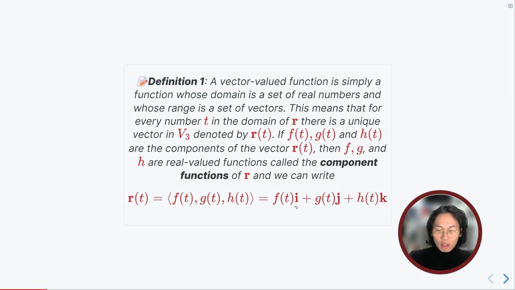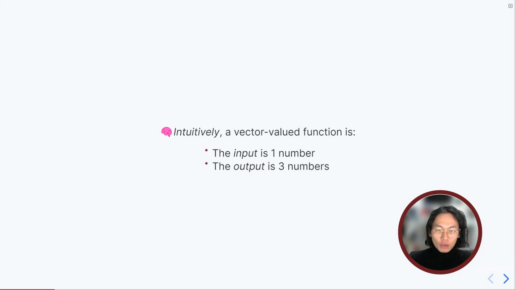As you can see, this bold symbol refers to a vector. So this one and this one and this one are all the coefficients of this vector valued function. Simply put, a vector valued function's input is just one real number, and its output is three numbers. That's it. That is a vector valued function.